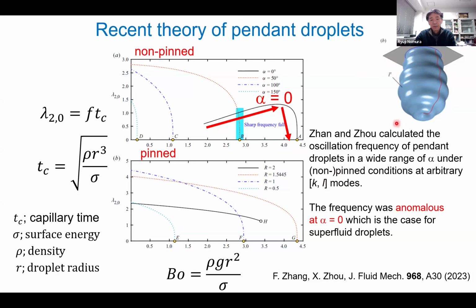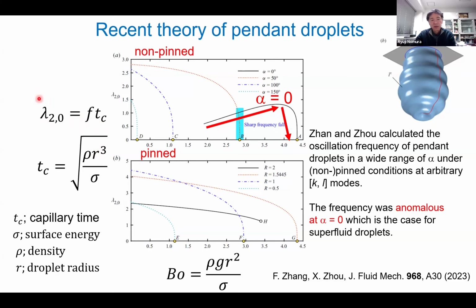This is their result for the non-pinned case and the pinned case. The vertical axis lambda is a scaled resonant frequency for the 2-0 mode. F is a real frequency, and it's scaled by TC, the capillary time.